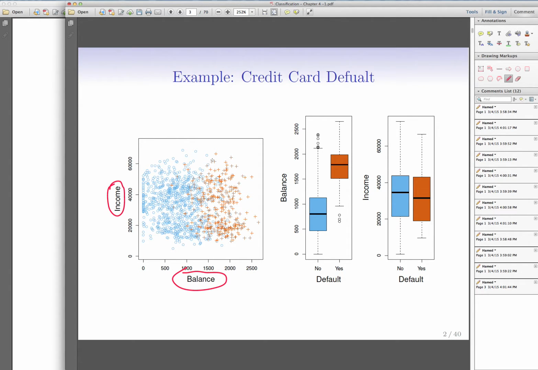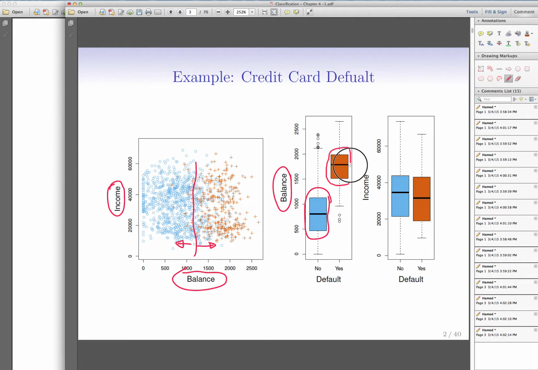One thing that is pretty apparent is that there is a clear distinction on balance between those who didn't default and those who did. And if you look at the scatter plot, the box plots of these two outcomes, we can easily see that if we just look at balance, there is a clear cut between those who didn't default and those who did.